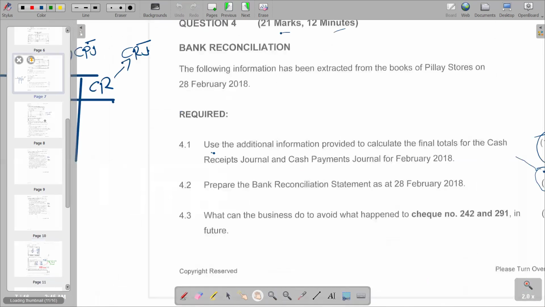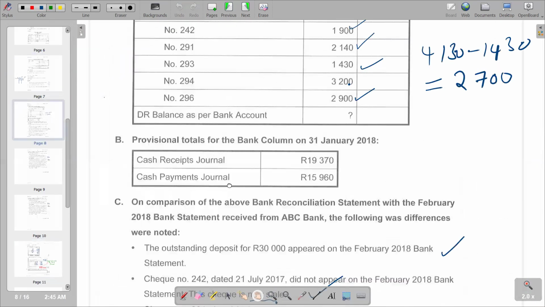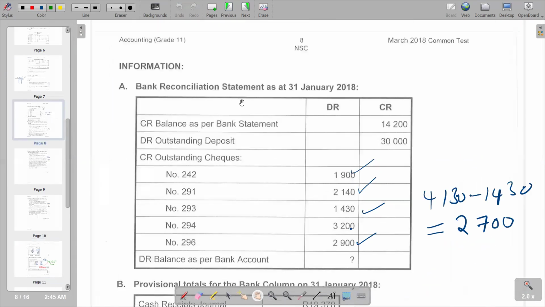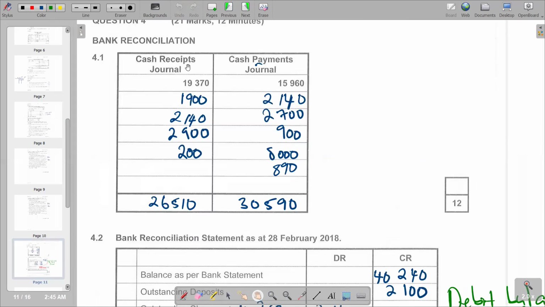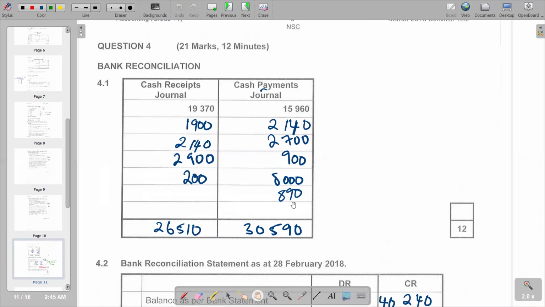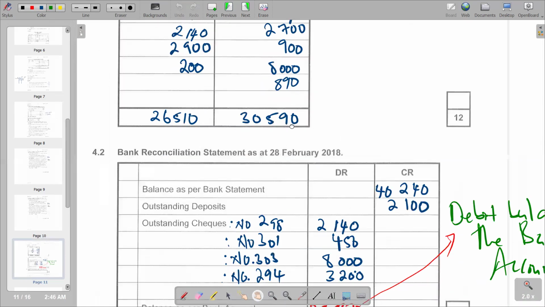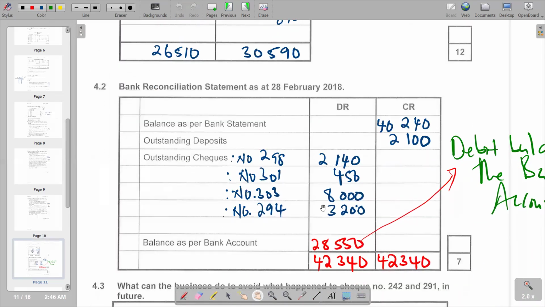You check the opening balance, I mean the balance that we have in the previous month's bank reconciliation. If you calculate the balance here, and then you add your cash receipts journal, and then you subtract the cash payment journal, you are supposed to get your 28,550 to say you've done it correctly.